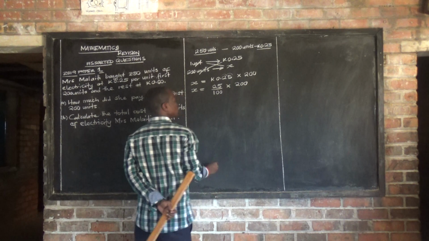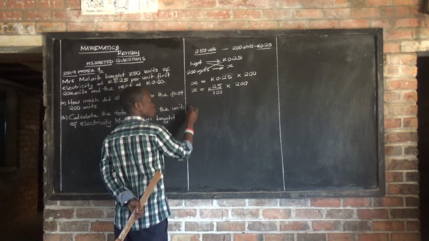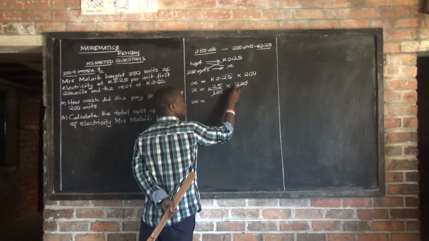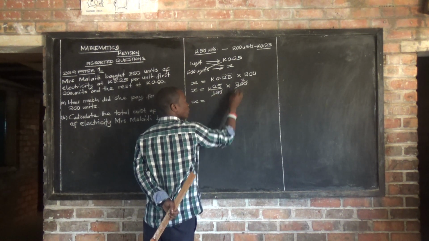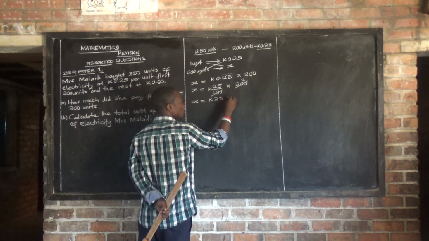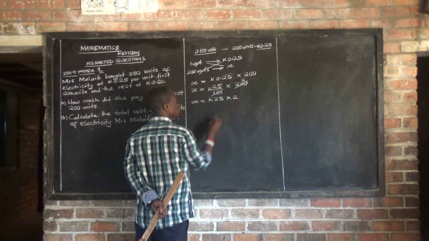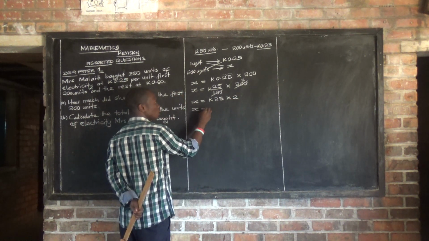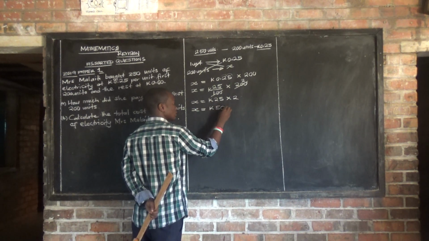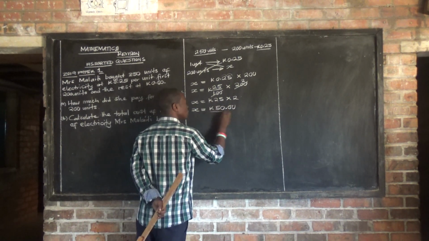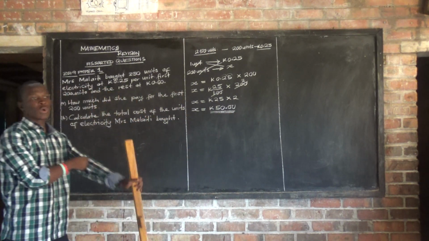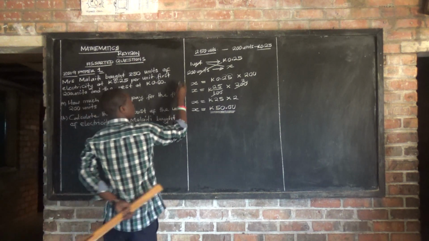Then x is equal to 100 into 200, which is 2. So we have 25 times 2, so x is 50. She spent 50 Ingwe to buy the first 200 units. This is question A.